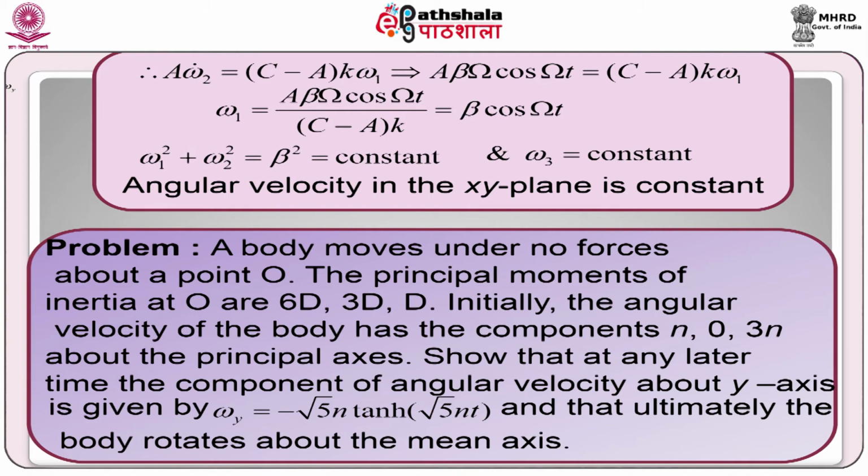So that at any later time, the component of angular velocity about y axis, that is omega suffix y, is given by omega suffix y is equal to minus root 5 into small n tan hyperbolic root 5 small n into t, and that ultimately the body rotates about the mean axis. That means mean axis means y axis, as we are considering x, y, z. So, y is the mean axis here.